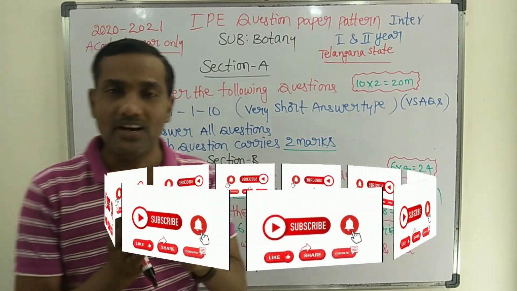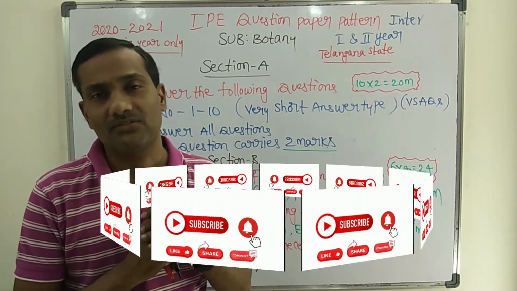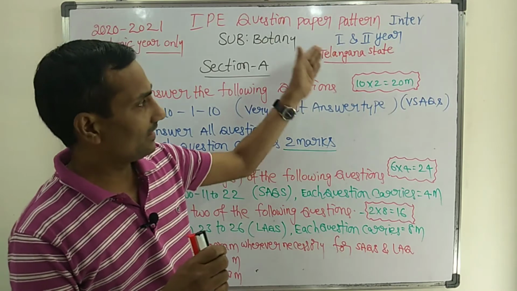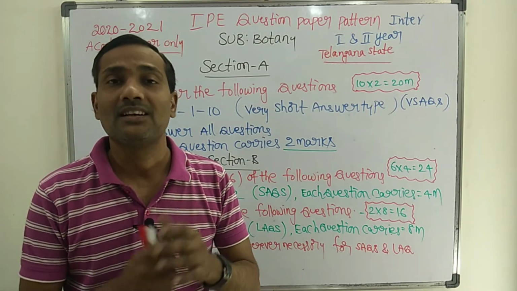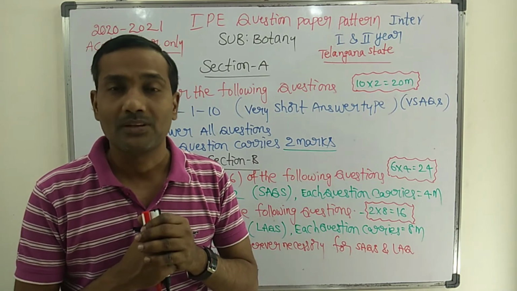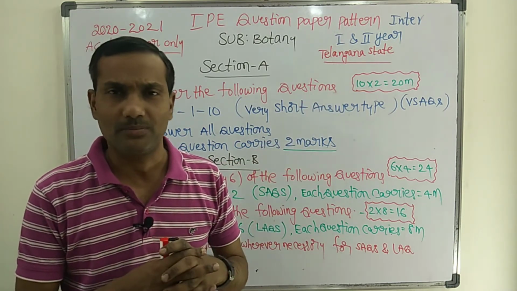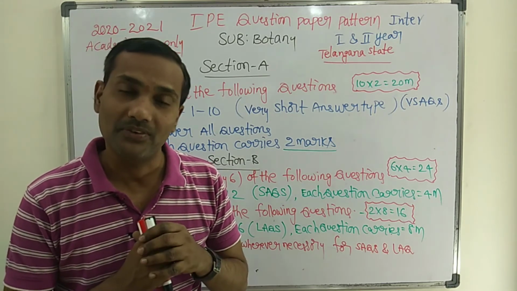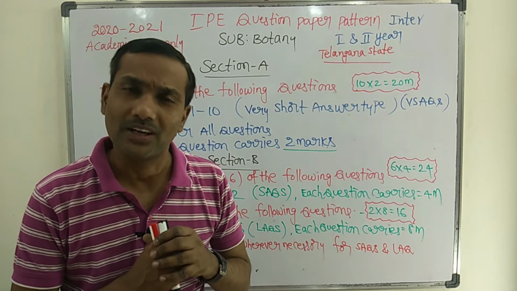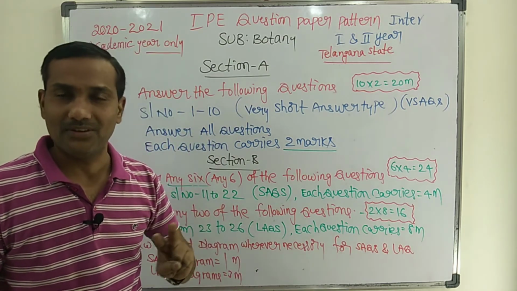My advice for getting good marks in botany, for first year or second year students, is to focus on diagrams also, because out of the 60 marks paper, 10 marks are for diagrams only. For 2 long answer questions, a compulsory diagram will be there.